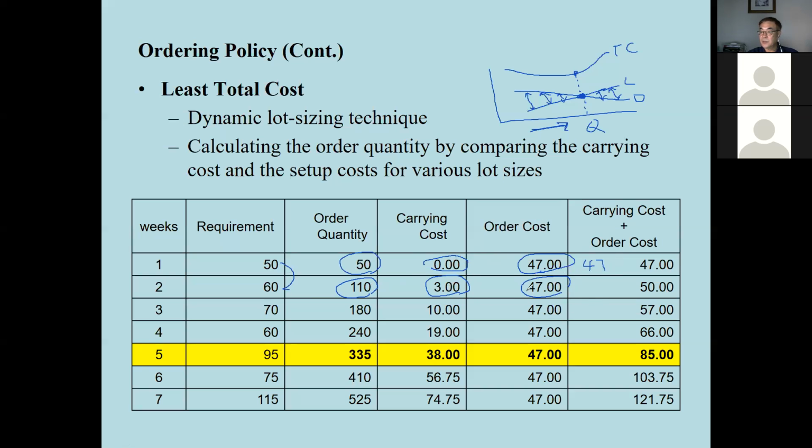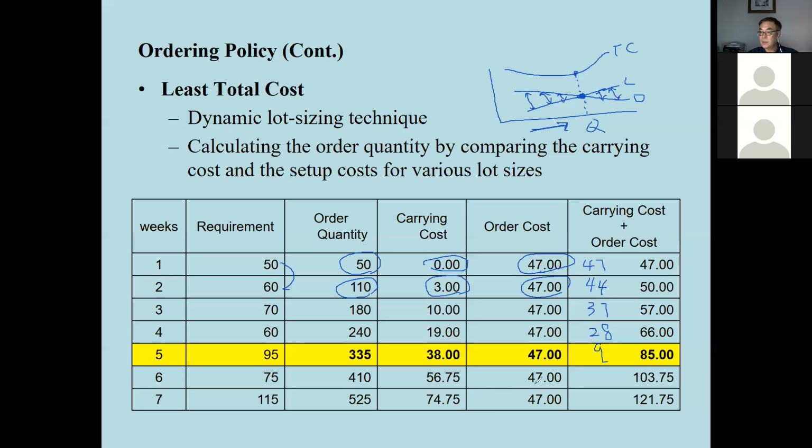And then here, $44, 47 minus 3. And then 47 minus 10, 37. 47 minus 19, that will be 28. And 47 minus 38, that will be 9.